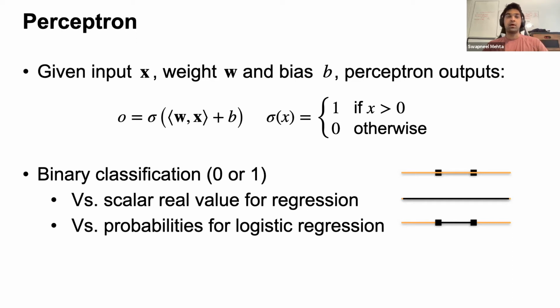So we've already seen all of these. First is binary classification, then you have scalar real valued for regression, so you can predict Y from X. And then there are probabilities for logistic regression where you don't threshold it, but you treat it as a value between 0 and 1, and therefore it becomes a probability of the class.